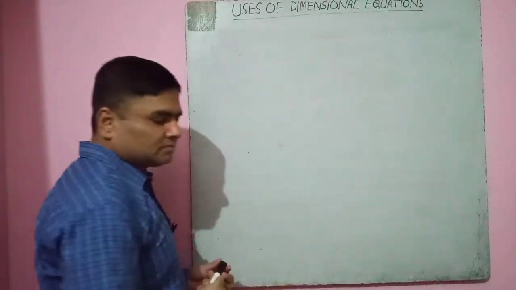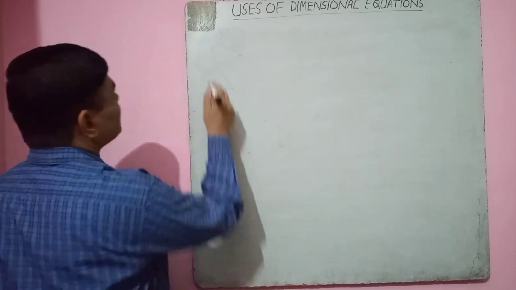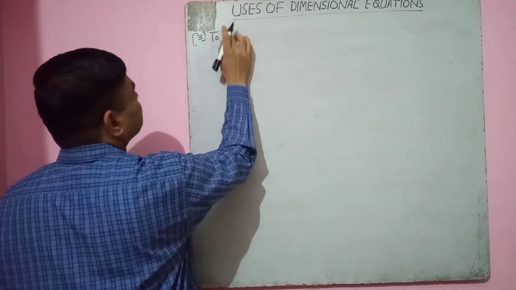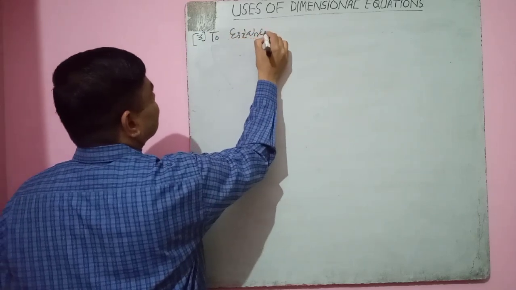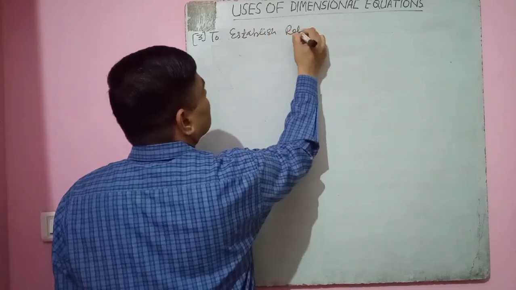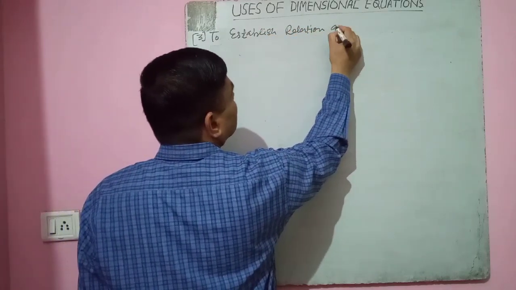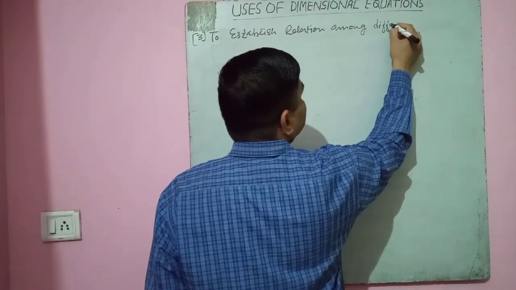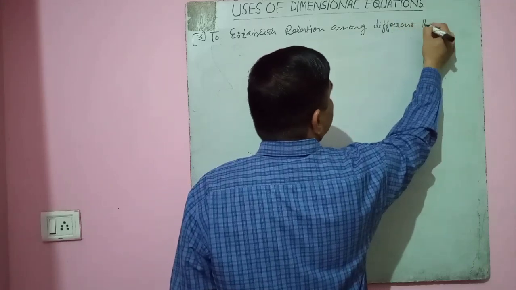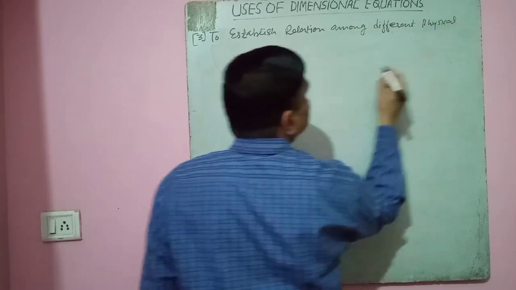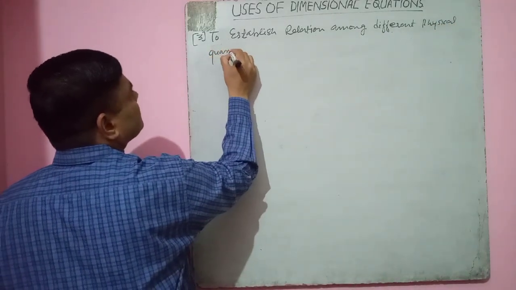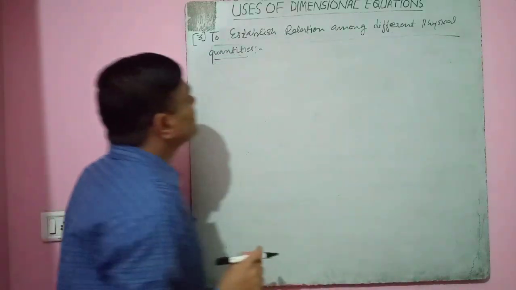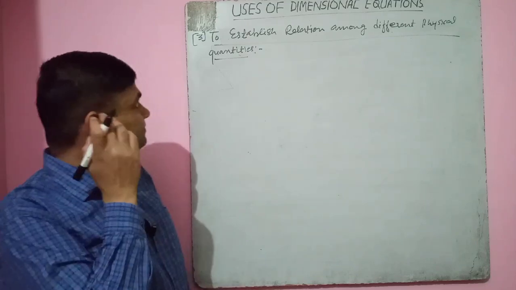Now we have to study the third use of dimensional equations, that is, to establish a relation among different physical quantities.